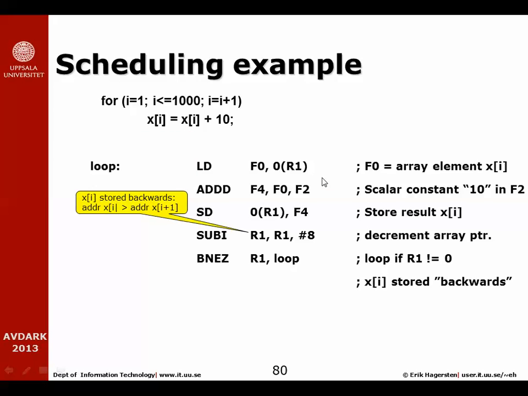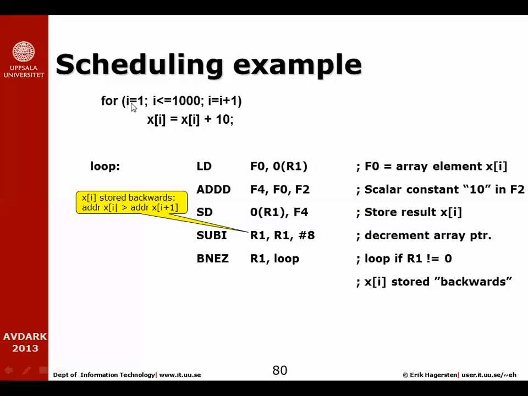And also I should probably point out that the way this code is written, we assume that this vector here is actually stored backwards. So what I mean with that is that instead of incrementing I, we're actually going to subtract.